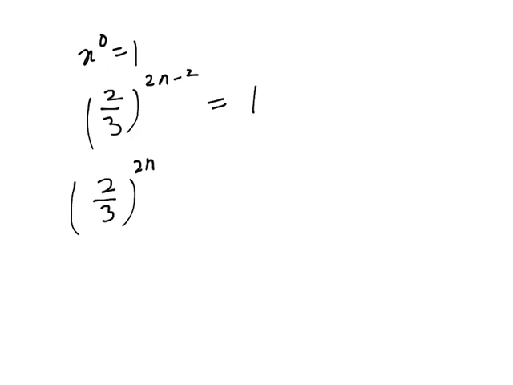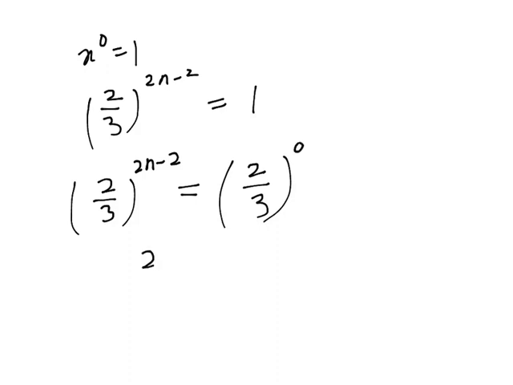So basically we have (2/3) raised to the power 2n minus 2 equals 1. Now to equate the exponents, we can write 1 as (2/3) raised to the power 0, because it will give us 1 only.